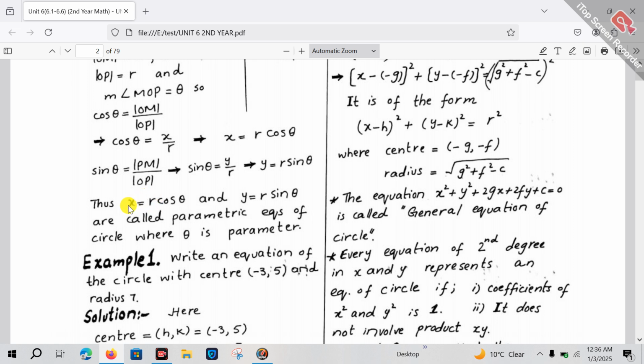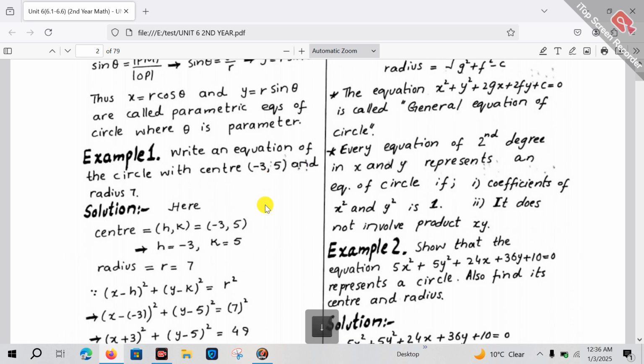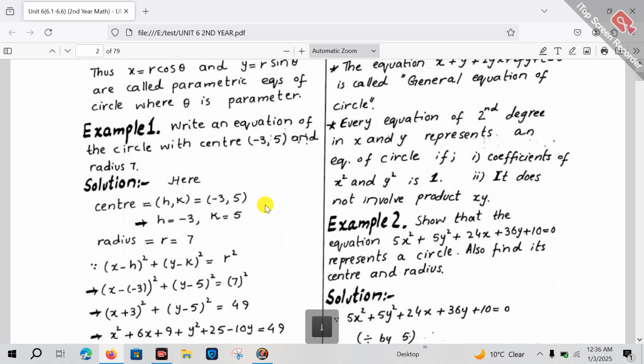But here, the point to be noted is that if we put x is equal to a cos theta, then here it should be y is equal to a sin theta. If the coefficient is not the same a, then it will become the equation of an ellipse, which we will discuss in the upcoming lectures.